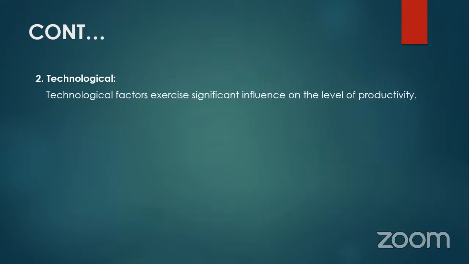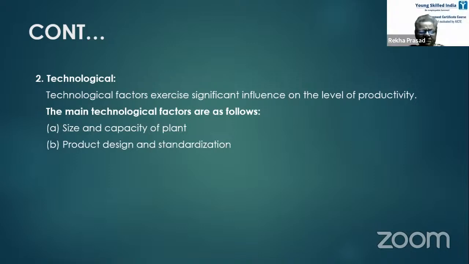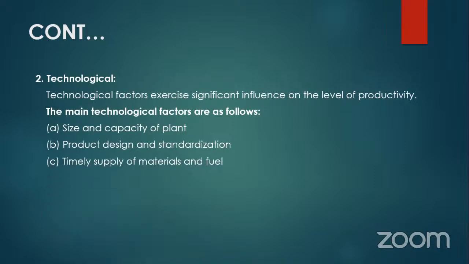Technological factors exercise significant influence on the level of productivity. The main technological factors are as follows. Size and capacity of the plant. Product design and standardization. Timely supply of material and fuel. Rationalization and automation measures.